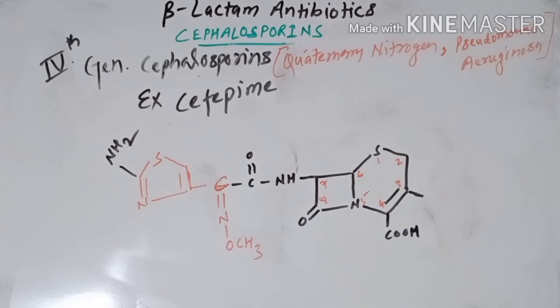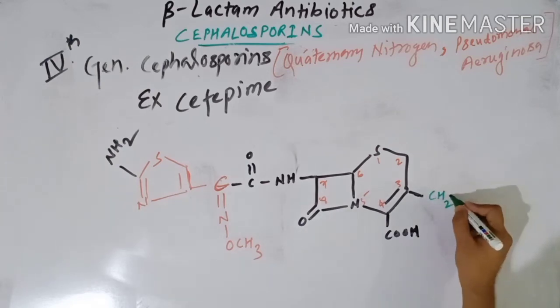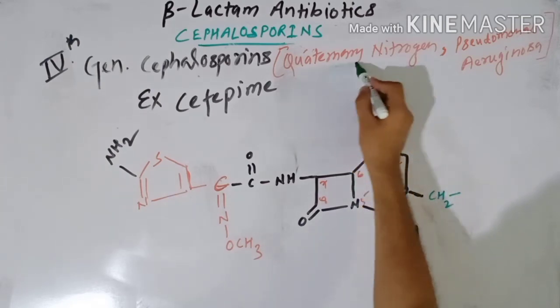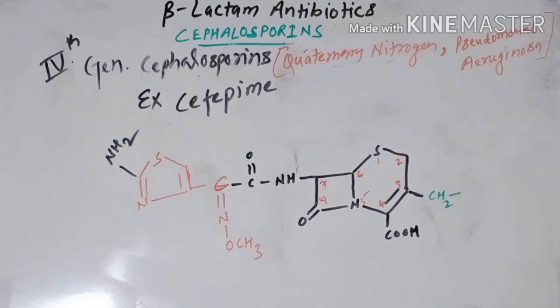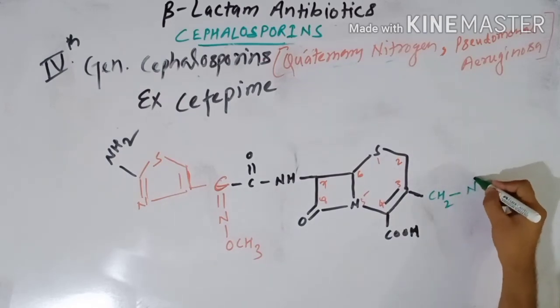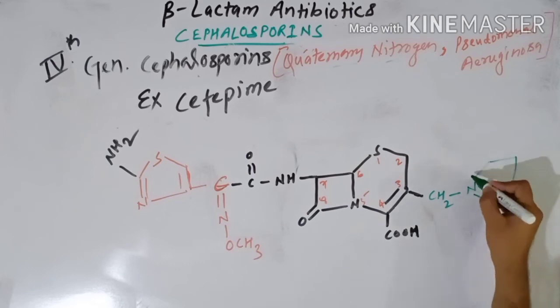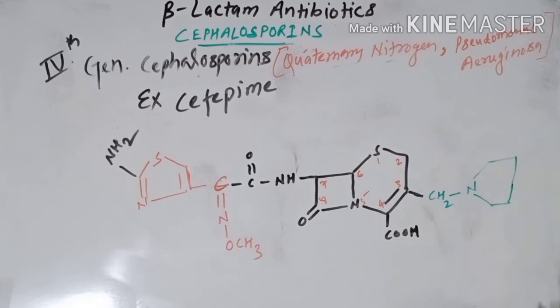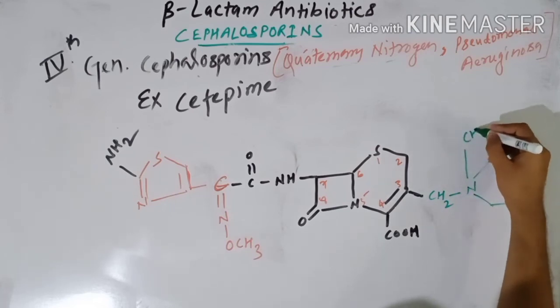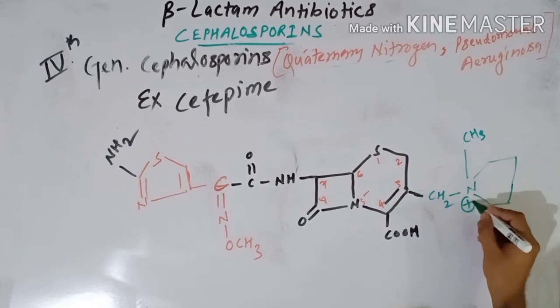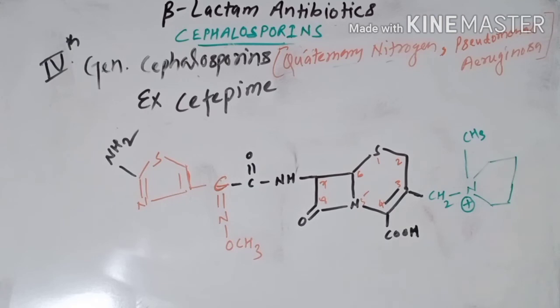Here again the CS2 group is there, and as we have discussed, quaternary nitrogen means the nitrogen is present in a pentacyclic nucleus, and this nitrogen again has a methyl group, so the nitrogen acquires a positive charge. And this pentacyclic nucleus is the saturated ring of pyrrole. So pyrrolidine, this is your pyrrolidine.